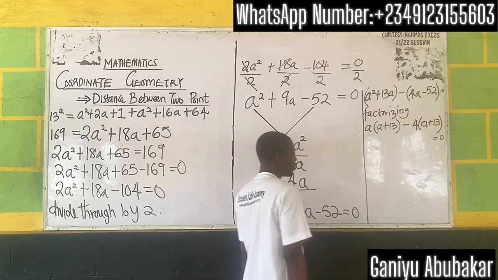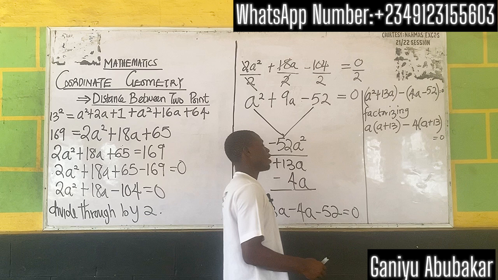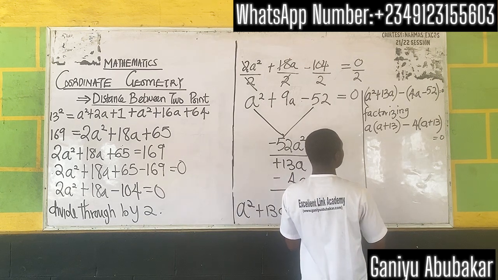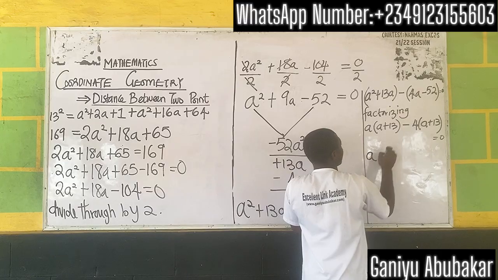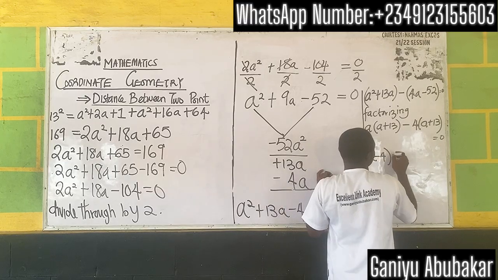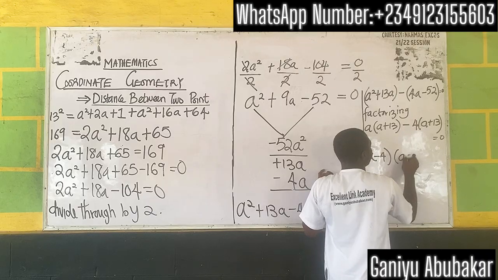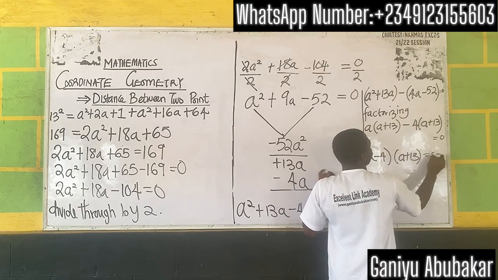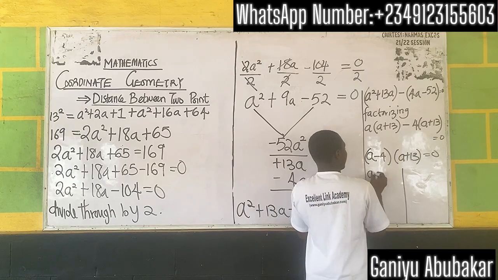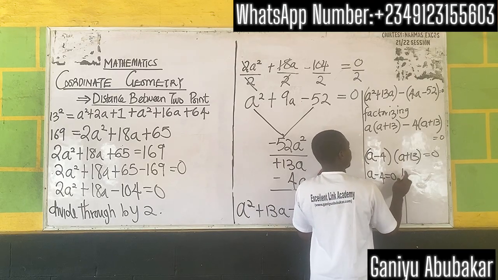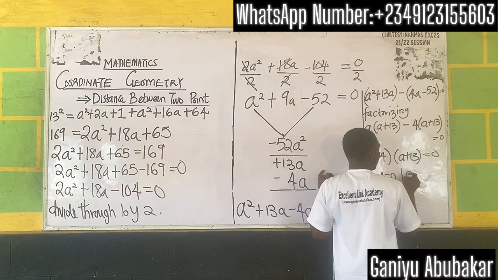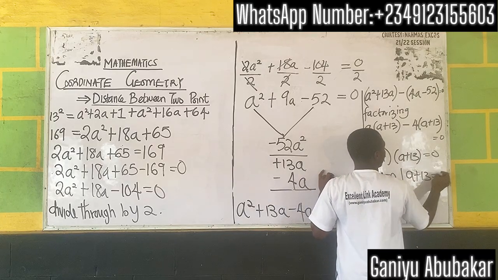All right, so what will be my answer here? In this case, I'll be having two values of a, right? So a minus 4 into a plus 13 equals 0. So my two answers will become a minus 4 equals 0, right, and then a plus 13 equals 0.